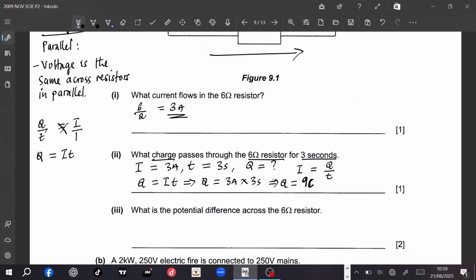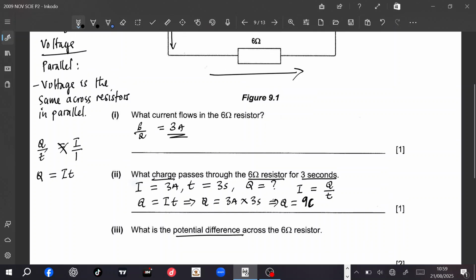The next question says, 3. What is the potential difference across the 6 ohm resistor? They are asking for potential difference. Potential difference is voltage. So they are asking for voltage across the 6 ohm resistor.